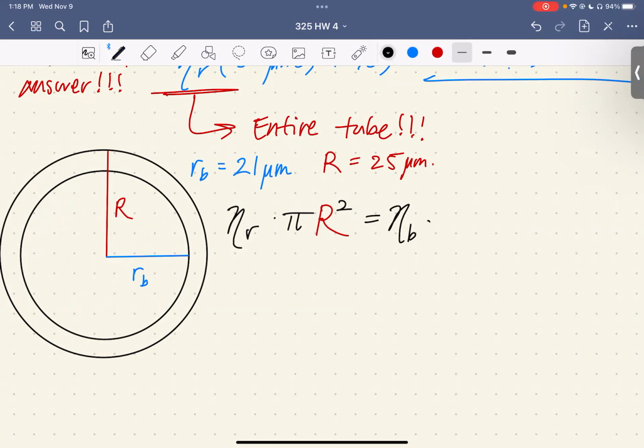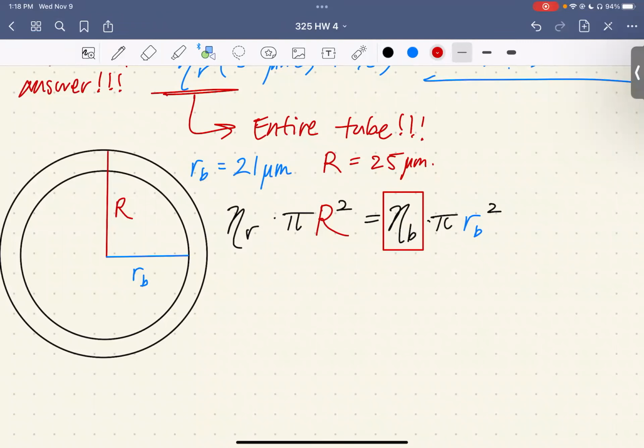So of the blood region, that's times pi RB squared, the small radius. And look at that. This is what we're actually looking for, the viscosity of the core blood region. So we need to make sure that the terms we're looking for are in the expressions that we are writing.